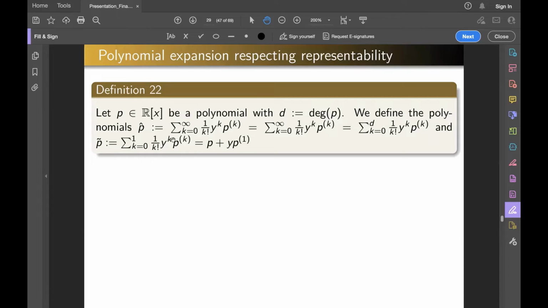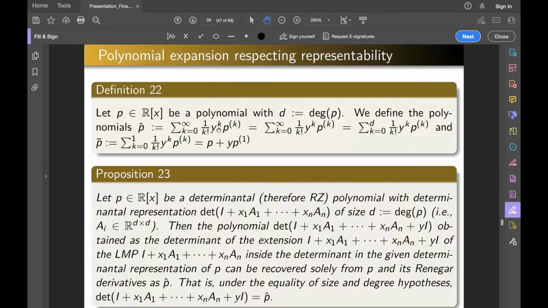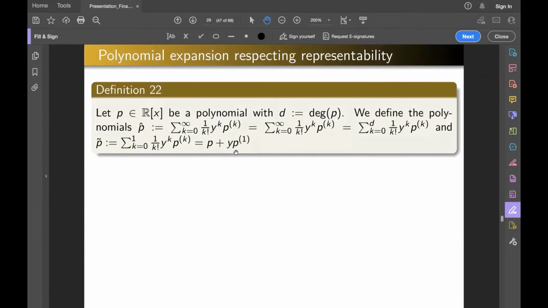So in general, we are going to define the polynomial p hat as the infinite sum, but at some point this stops because p has a finite degree, and then after some point it will be 0. And we also define the truncation of this sum at 1, because the truncation is the operation we are interested in. But we need the long one because the long one is the one having a nice determinantal expression.